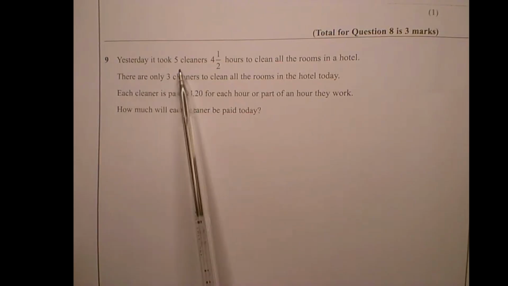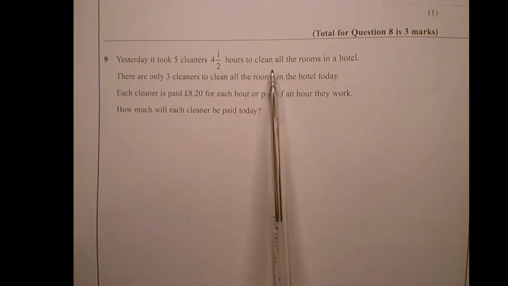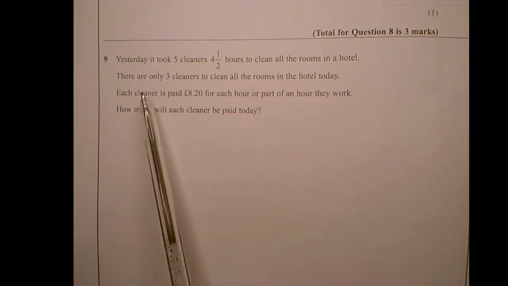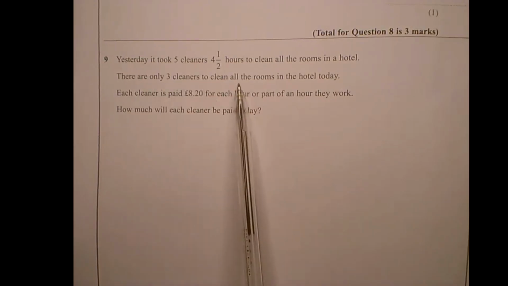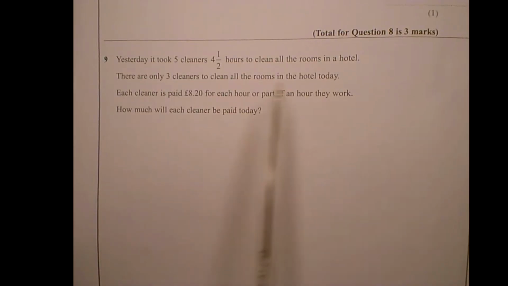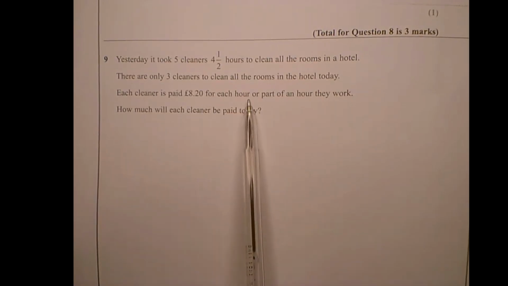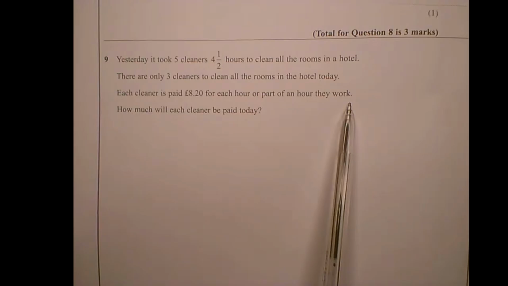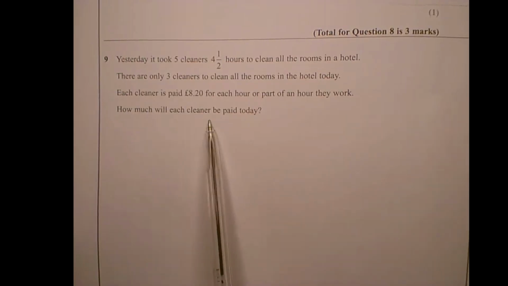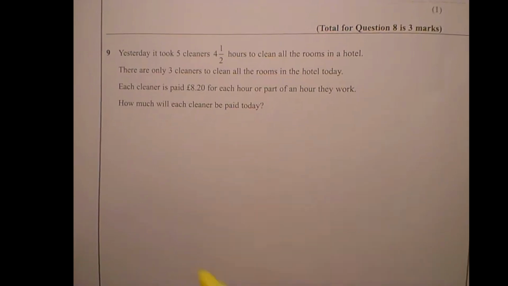Yesterday, it took 5 cleaners 4.5 hours to clean all the rooms in a hotel. There are only 3 cleaners to clean all the rooms in the hotel today. Each cleaner is paid £8.20 for each hour or part of an hour they work. How much will each cleaner be paid today? So let's highlight key information.